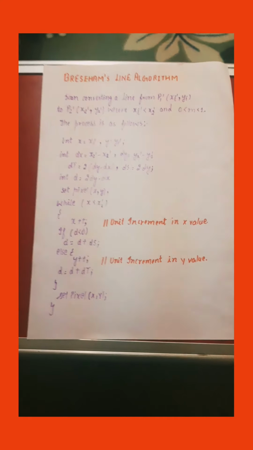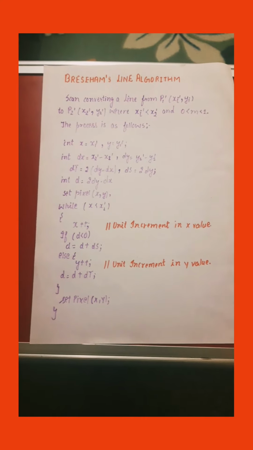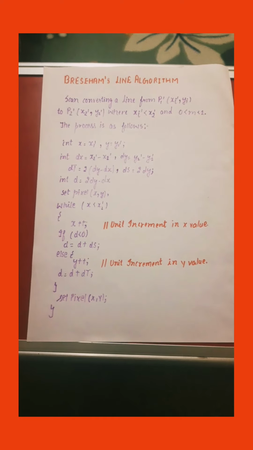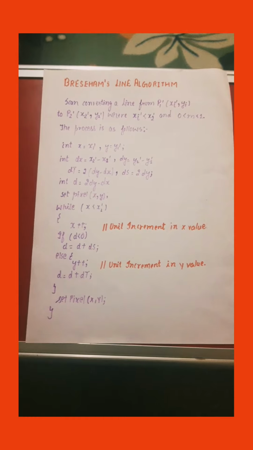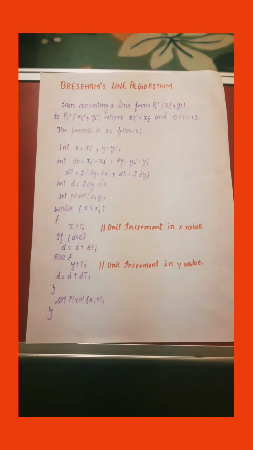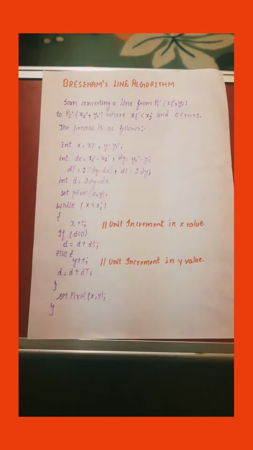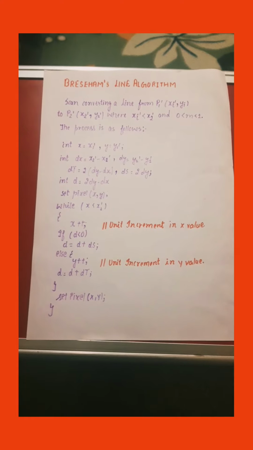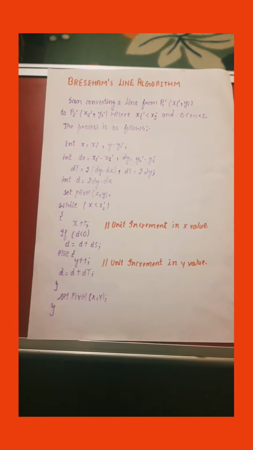Next, on the basis of the decision parameter, the decision parameter can have two cases, right? If the decision parameter is less than 0, in that case the new decision parameter is calculated as d plus ds. Otherwise, if the decision parameter is greater than 0, in that case we will increment the value of y by 1 and also change the decision parameter by adding dt, right?